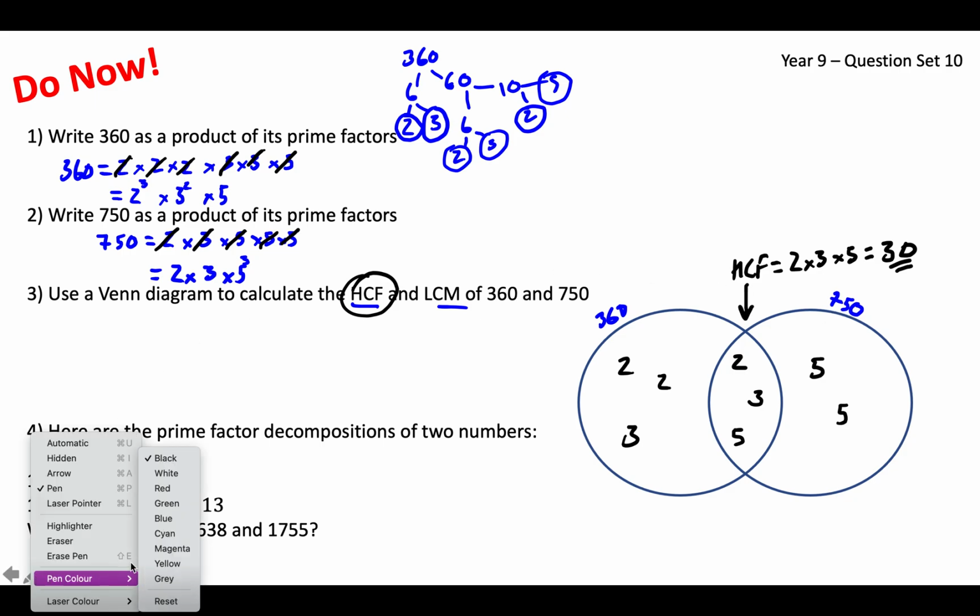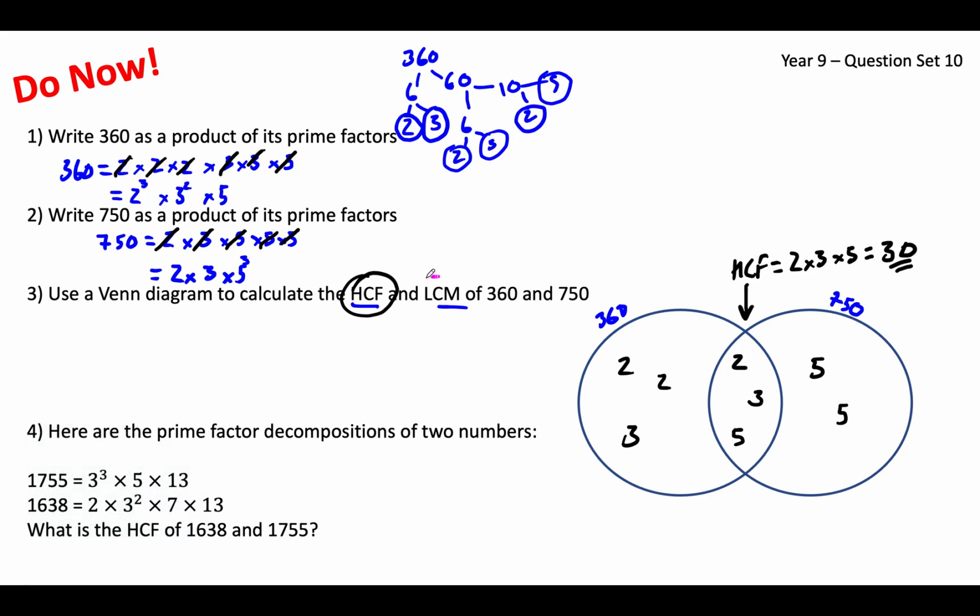Let's change down to magenta maybe. Now the LCM, that comes from all of them multiplied together. So there are 3 2s that need to be multiplied: 2 times 2 times 2, times there are 2 3s, and there are 3 5s.